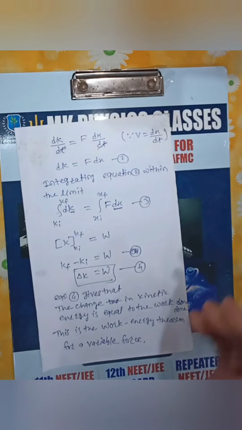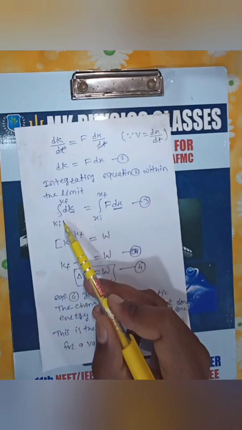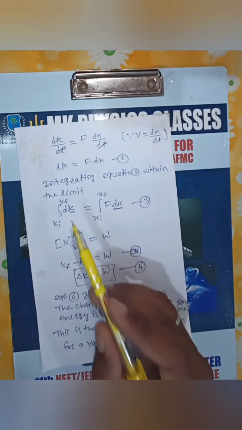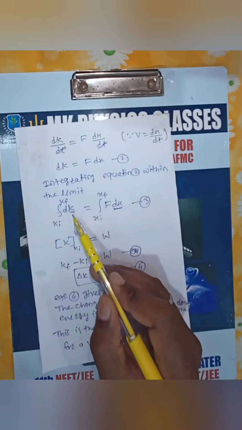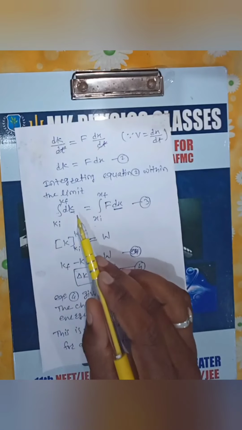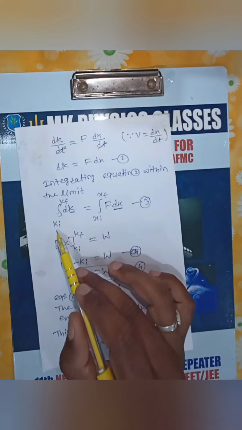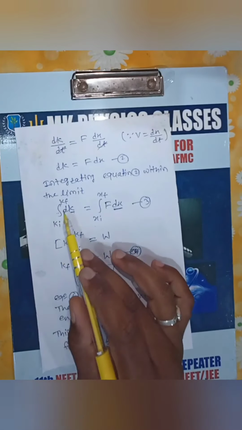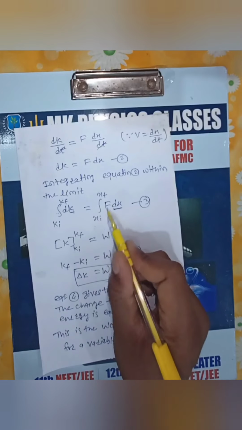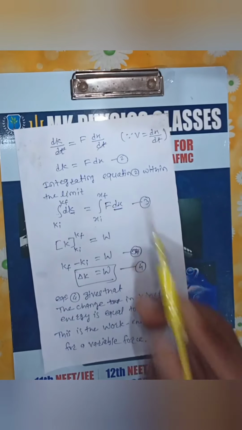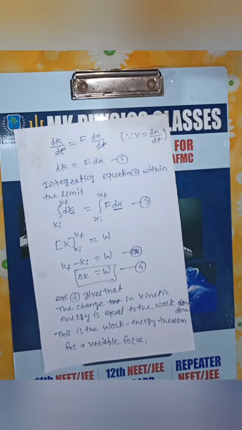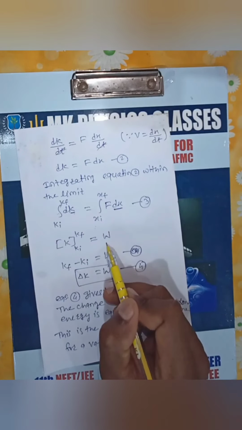Now see here, this is the integration of dK, with kinetic energy limits from initial to final kinetic energy, equal to the integration of F into dx, where the x limits are the initial position to the final position, xi to xf. The right-hand side is nothing but the work done.